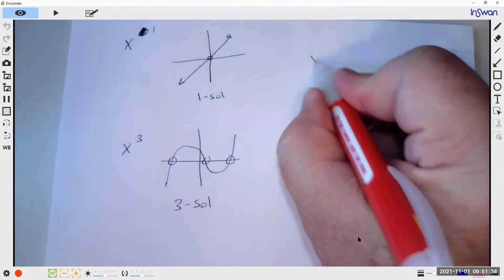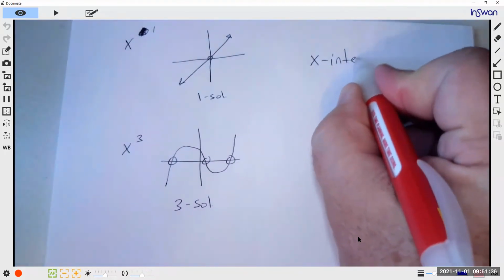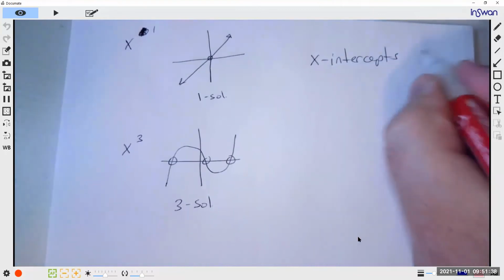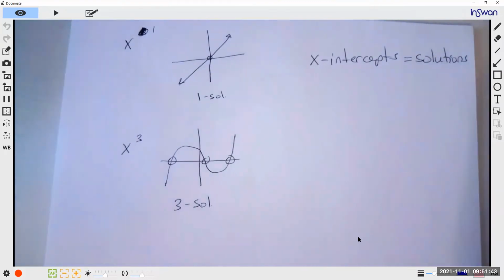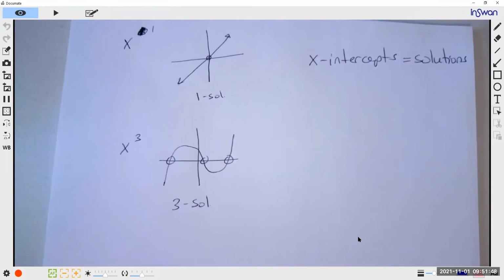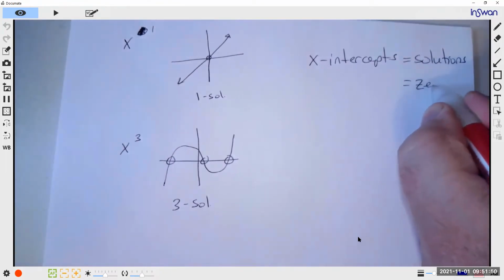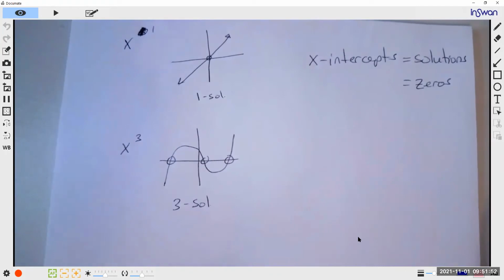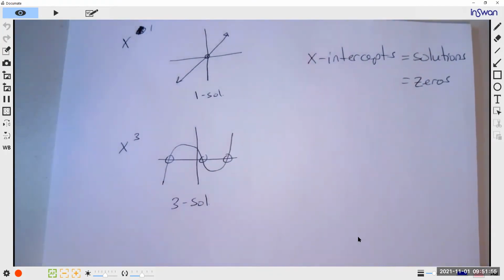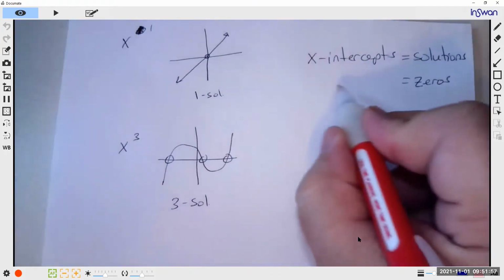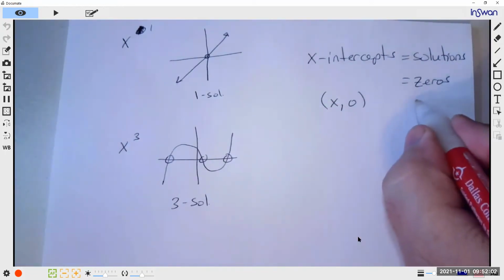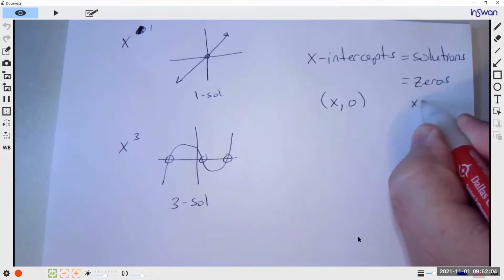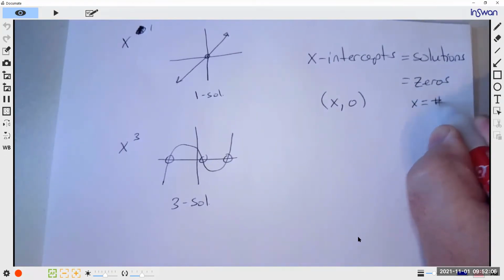Remember, x-intercepts equal solutions, or zeros. They're the same location, they're only written differently. X-intercepts are points, zeros are numbers.